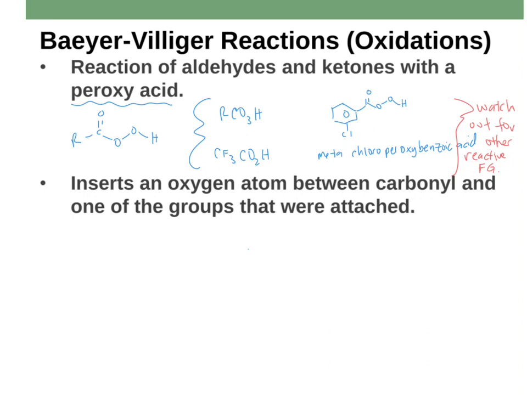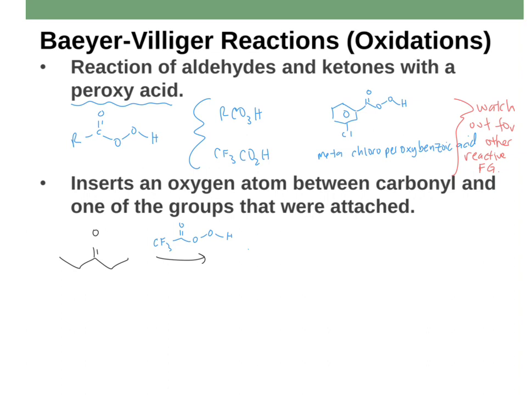So what the Baeyer Villiger reaction does is it inserts an oxygen atom between the carbonyl and one of the groups that were attached, right? So let's say I have this ketone here, and I'm going to add my peroxy acid. So I'll use CF3 double bond OOH.